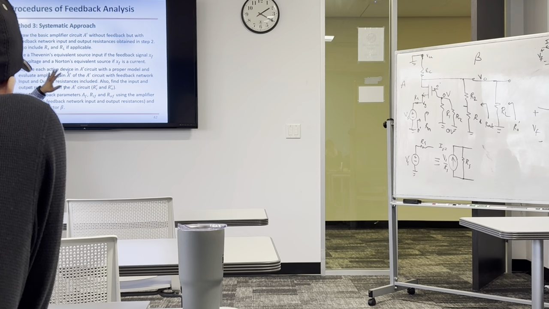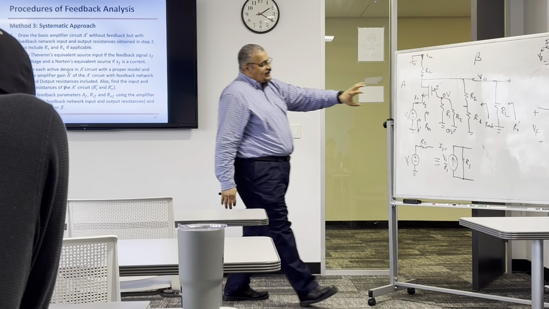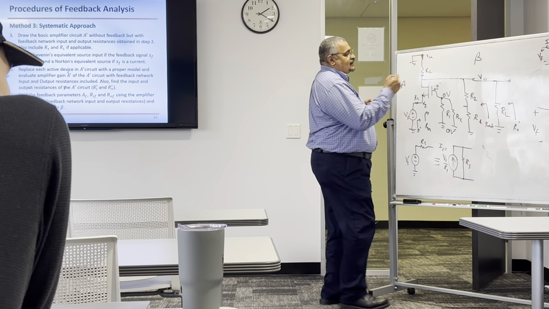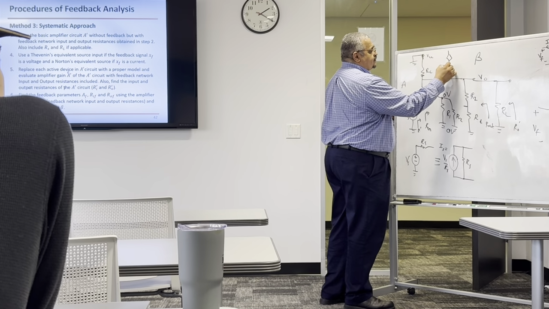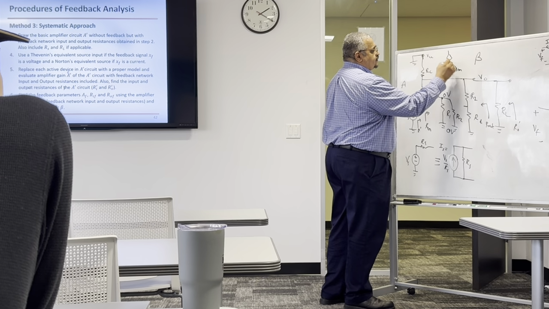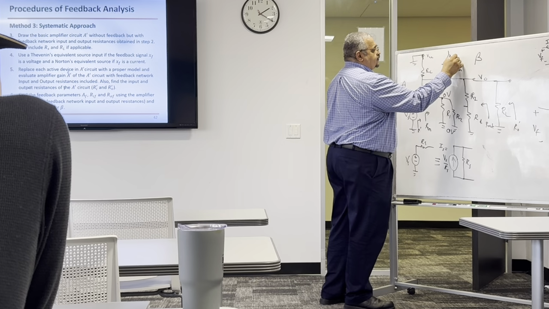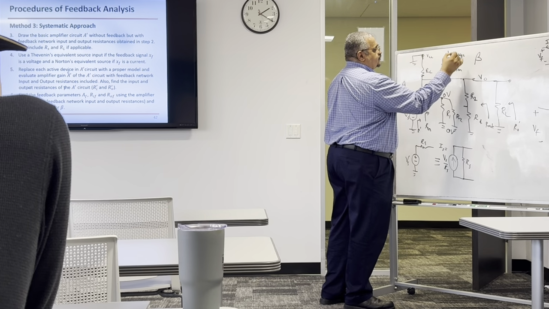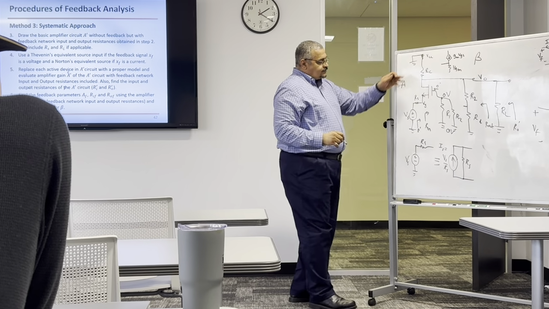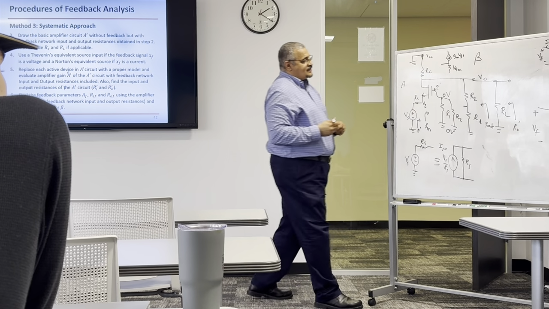Then you replace each active device in A prime. The only active device is this one here. So you replace it with its T model. Okay, so remove this and replace it with the T model.